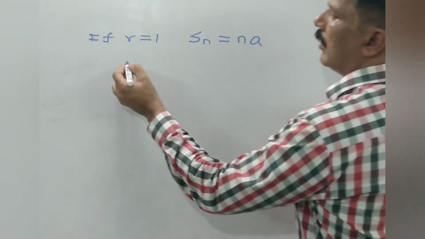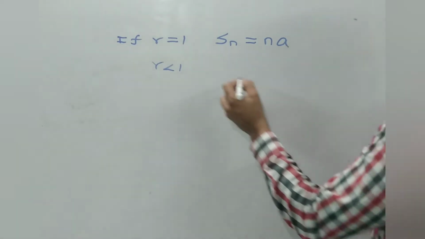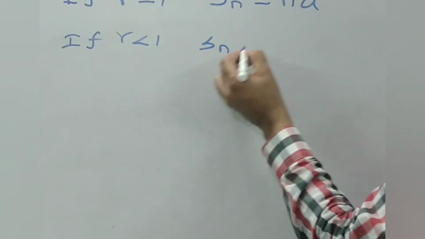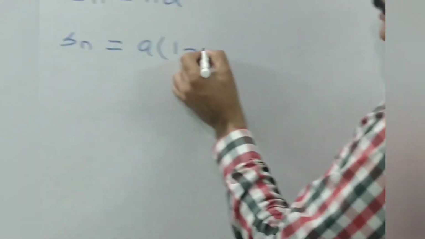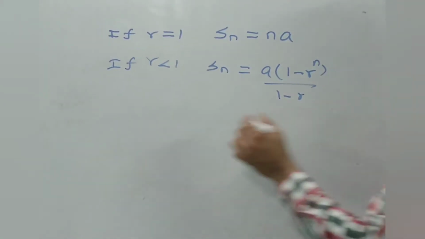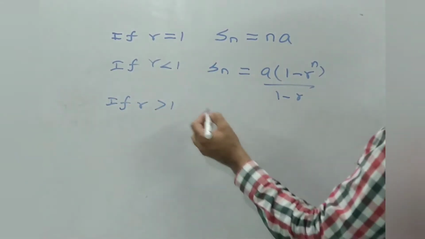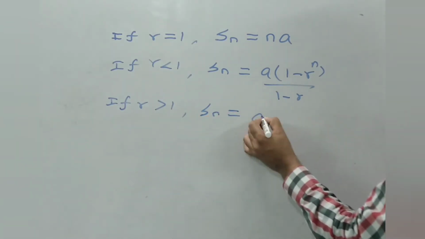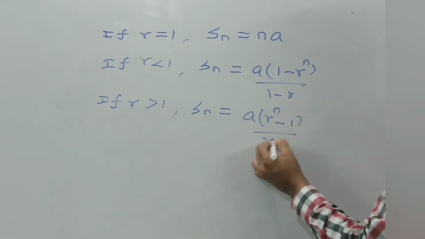Suppose r is less than 1, then Sn formula equal to a into 1 minus r power n divided by 1 minus r. If r greater than 1, then Sn equal to a into r power n minus 1 divided by r minus 1.